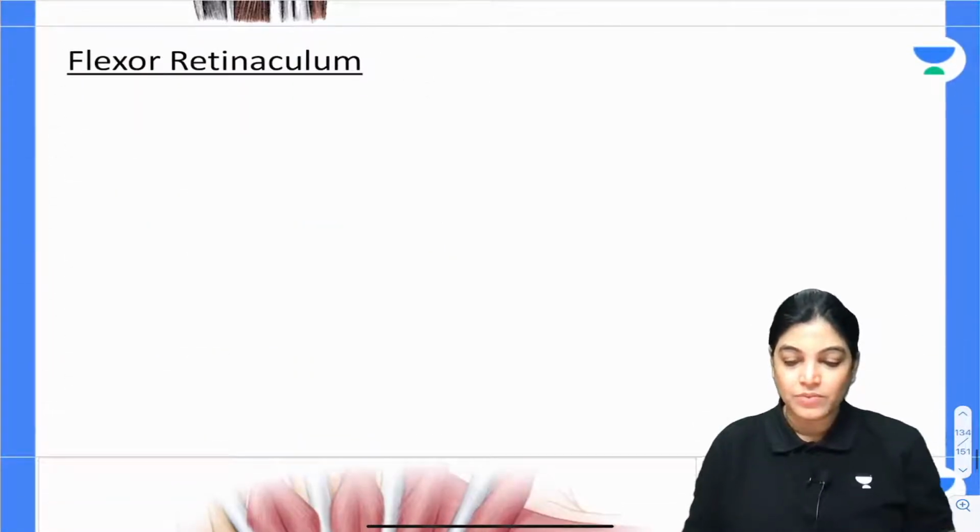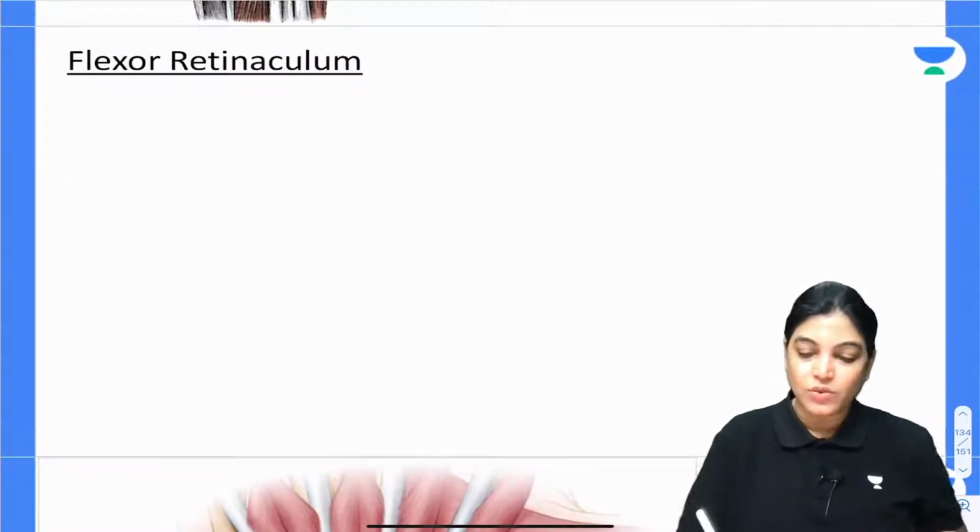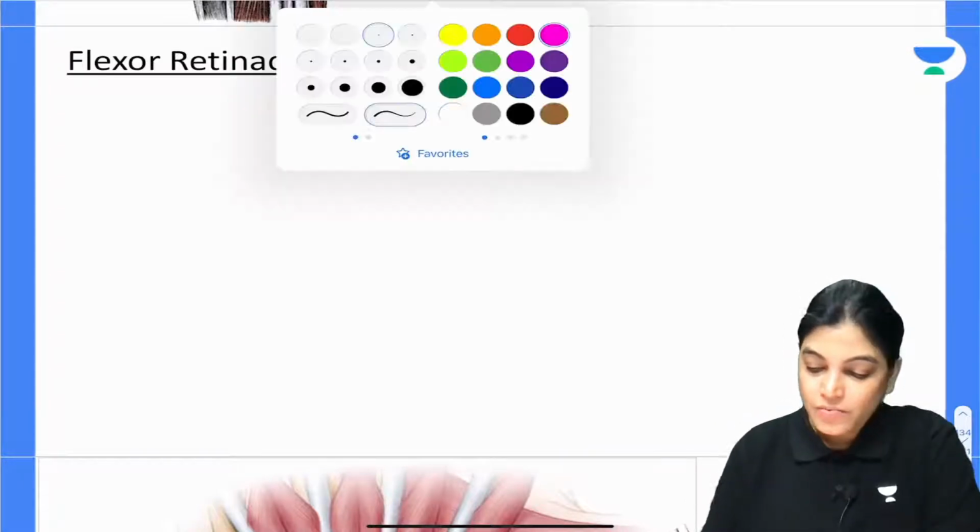So Flexor Retinaculum, firstly I would like to write the definition and then I would also like to give you the details of its attachment.